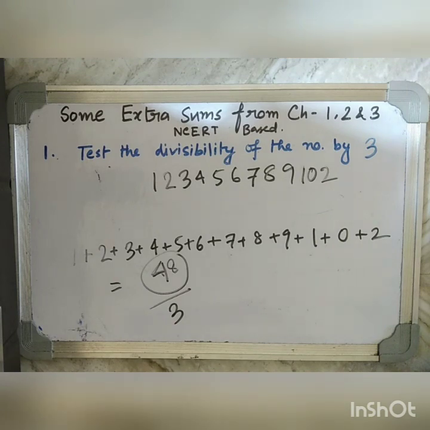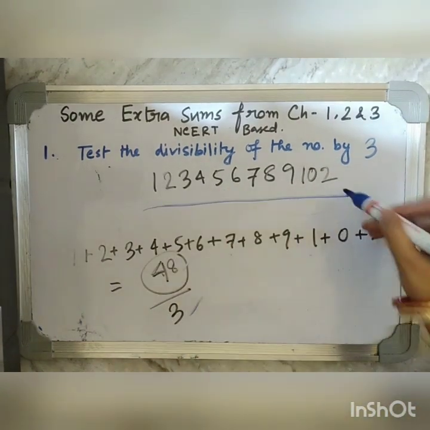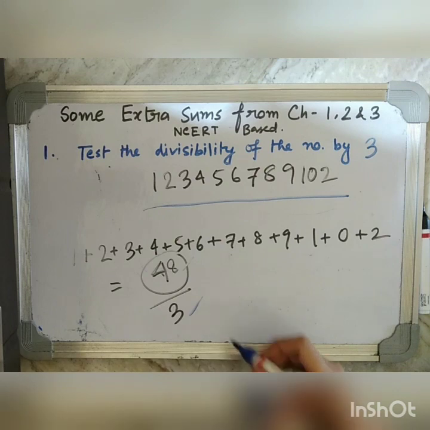Okay, I am recapitulating. First we will add all the digits which are present. After that the sum will be divided by 3. If there remains no remainder, then we can say that this big number is divisible by 3.